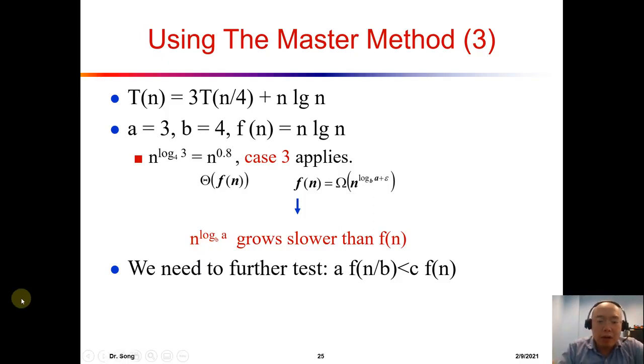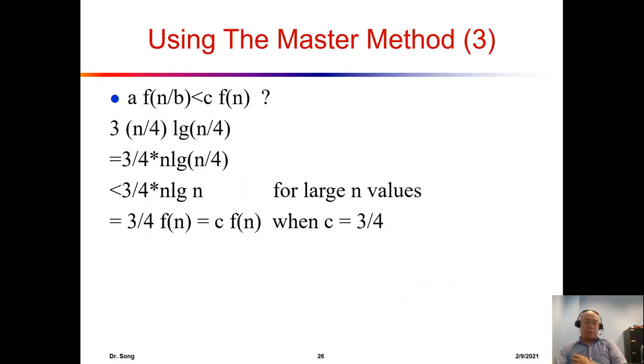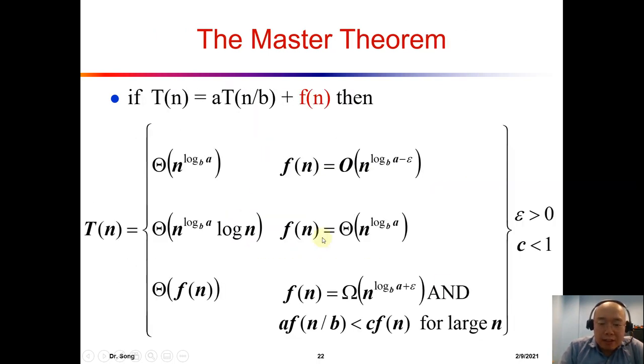So we kind of figured out the first part. And how about the second part? We want to test this: a f(n/b) is smaller than c f(n), and c has to be a value smaller than 1. Is that true? So let's plug in the numbers and f(n) and see. What is f(n)? f(n) is n log n, right? So we want to plug in a here, b here, and f(n) is n log n. If we massage this a little bit, can we have this part solved?